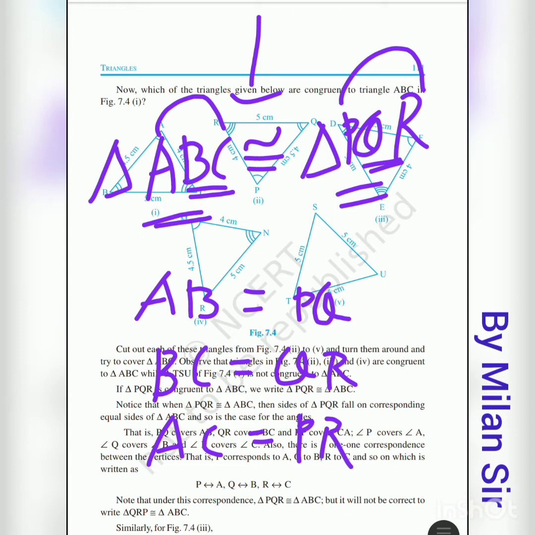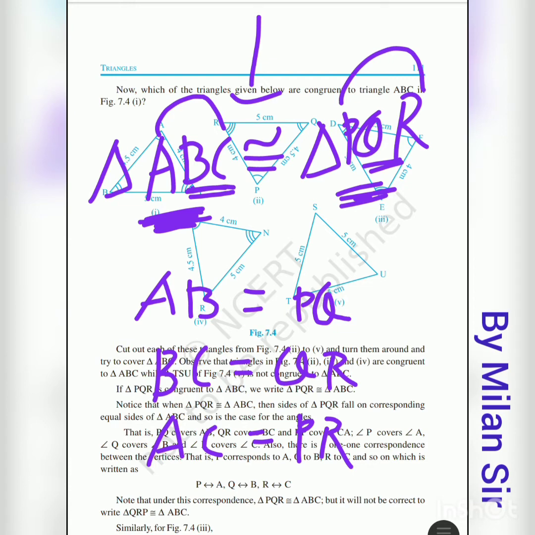This is also called the corresponding parts. Corresponding parts means whatever sequence you take from the first triangle, the same sequence you need to take in the second triangle. That means here we first take the first two letters, and here too we take the first two letters. Corresponding means sequence-wise.